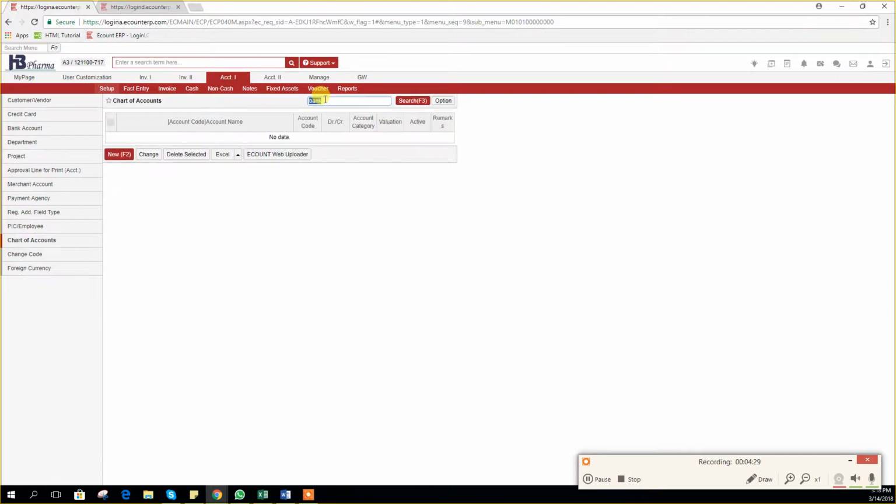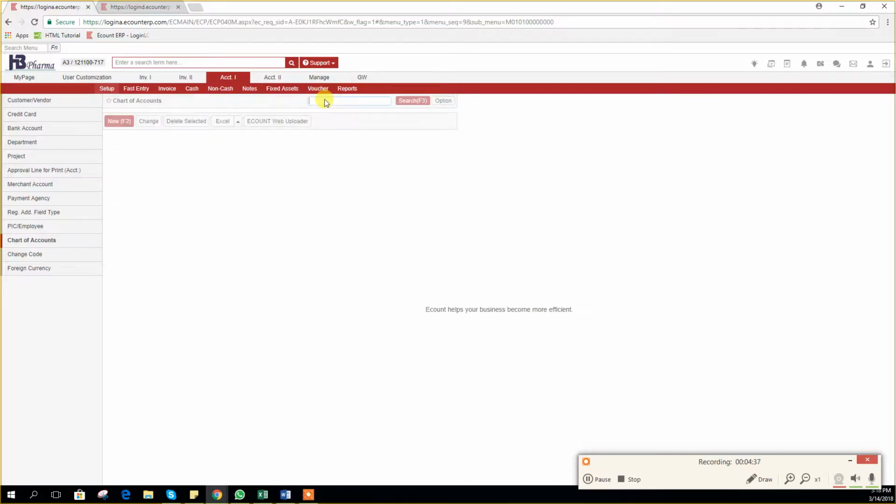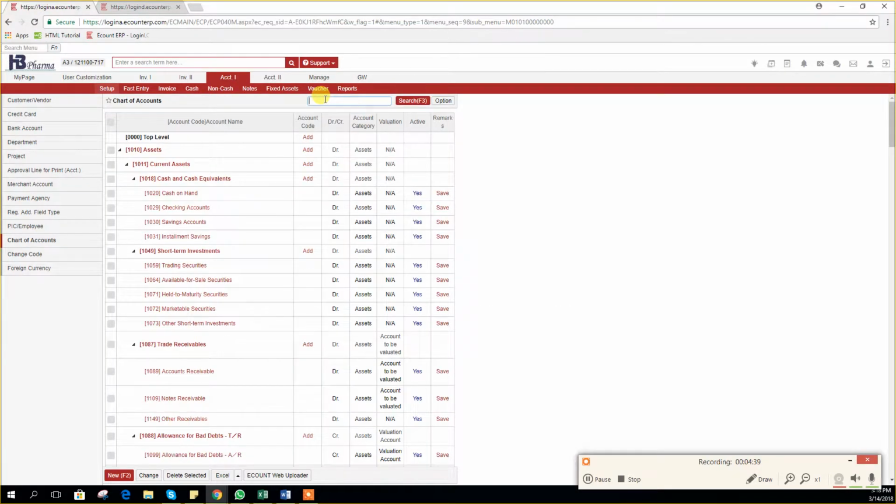No, I did not add that. You do not have bank charges, but you do pay bank charges, right? Yes. So you need to create the account. So bank charges is what? Is it an asset? Is it a liability? Is it an expense? Is it a revenue? It must be an expense account.